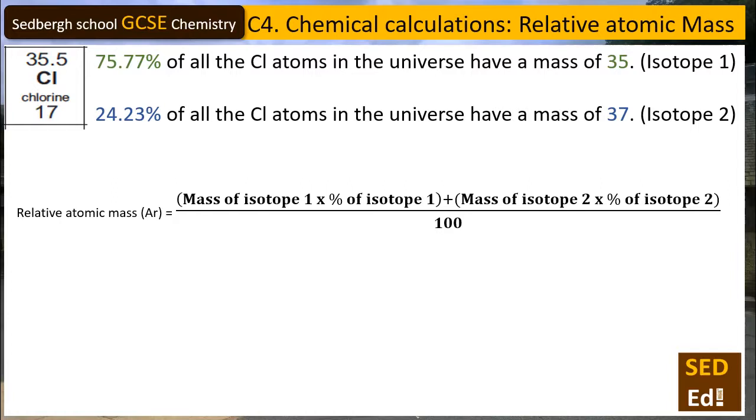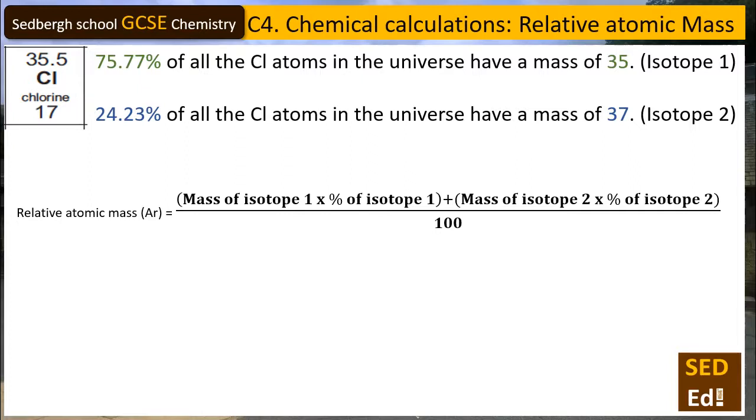The general formula to calculate the average relative atomic mass for any given element is given in this equation on the screen. The mass of isotope 1 multiplied by the abundance of isotope 1, and then you add that value to the mass of isotope 2 multiplied by the abundance of isotope 2.